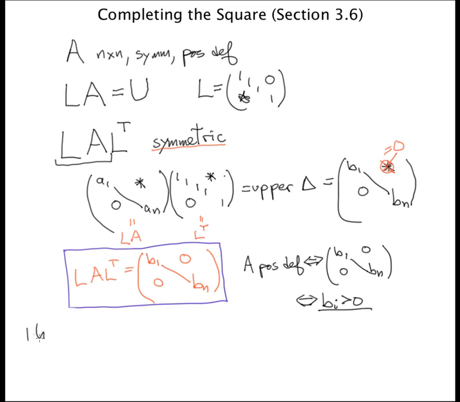So that gives a very nice result, theorem, or maybe you can call it an algorithm, depending on your state of mind.